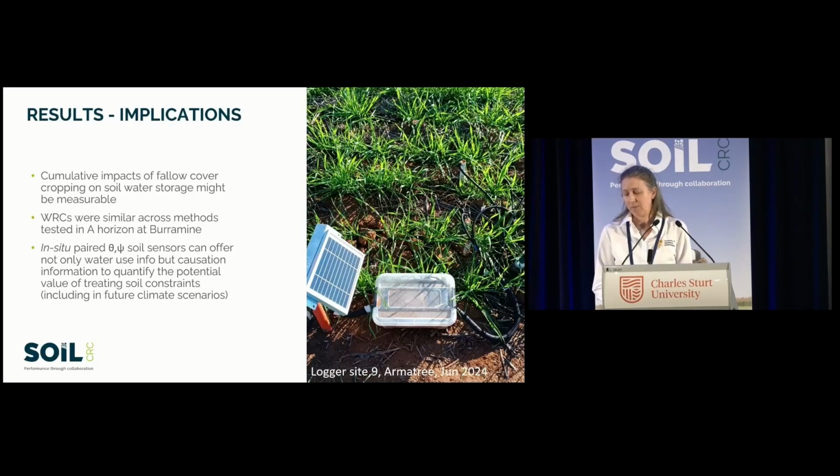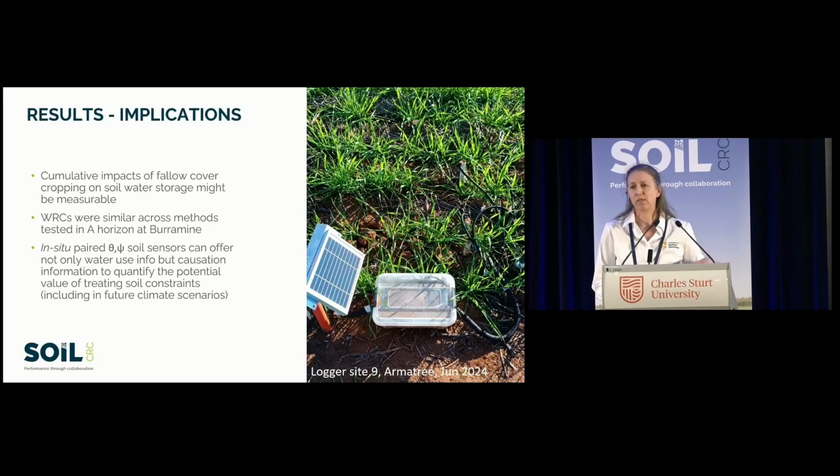So the implications are that some cumulative impacts of fallow cover cropping on soil water storage might be measurable in these systems. The water retention curves that we characterised were similar across the methods that we tested in that A horizon in Barramine. We've got the same set of data for the Armatree site, and we'll be collecting the same for the Condobolin site. We'll look at how well those methods align and how transferable they are.